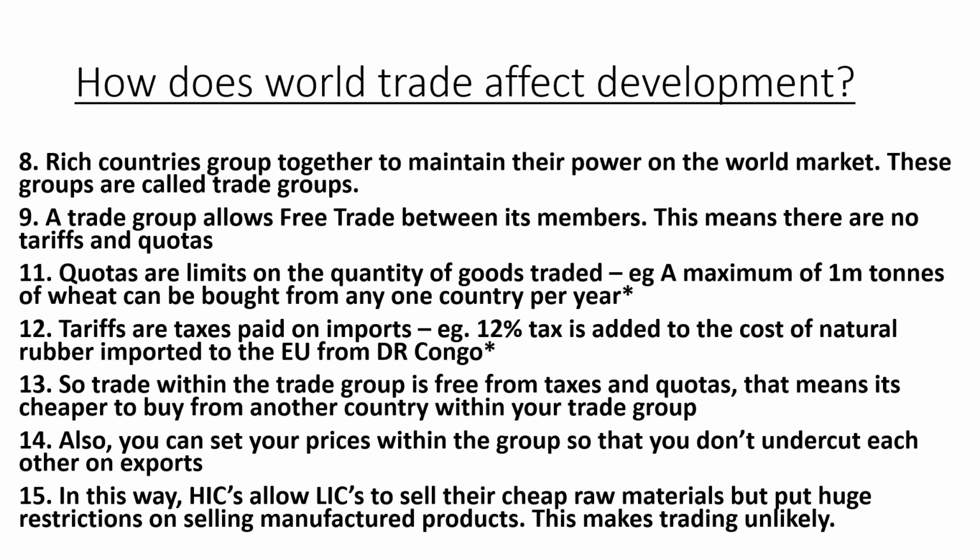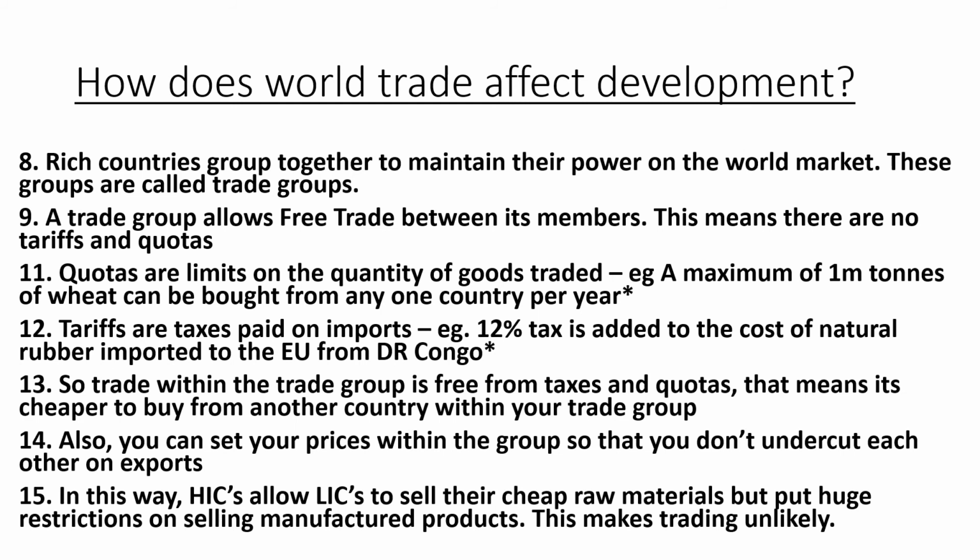Quotas are limits on the quantity of goods that you're allowed to trade. So, for example, a maximum of 1 million tonnes of wheat can be bought from any one country per year. That would be an example of a quota. So let's just say we're England, and we want to buy wheat from a country in Africa. There will be a quota put on us because we are part of the EU trading group.